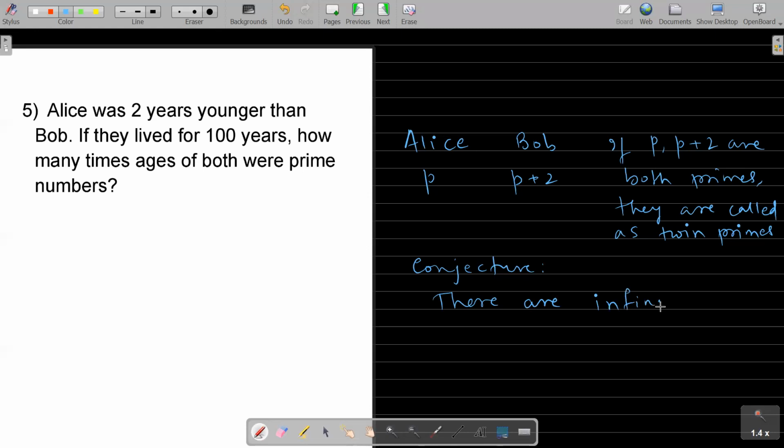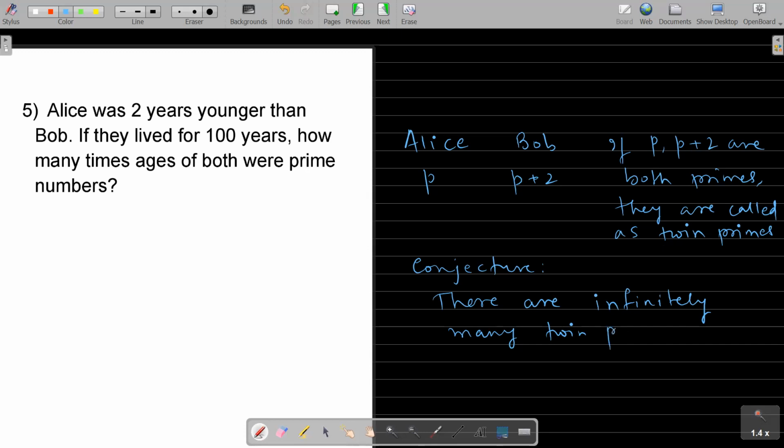So it seems that this conjecture is true. In fact, one Chinese person claimed, I think in 2013-14, that he has solved it, but so far, experts have not given a nod for that.